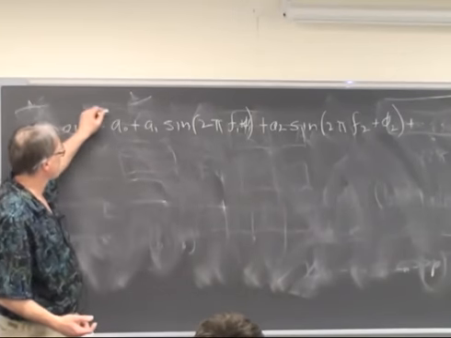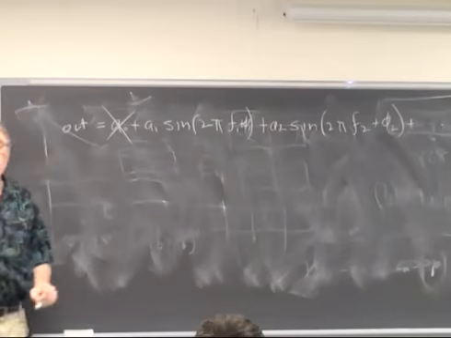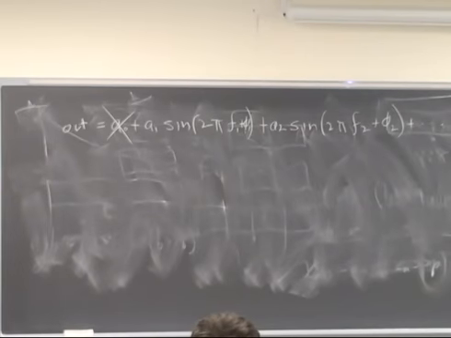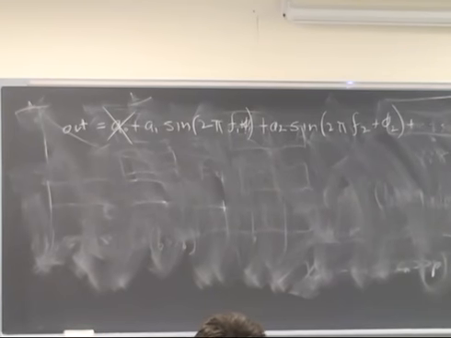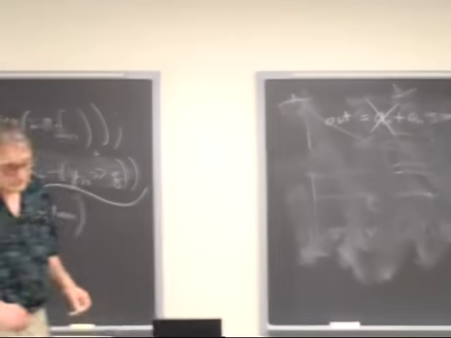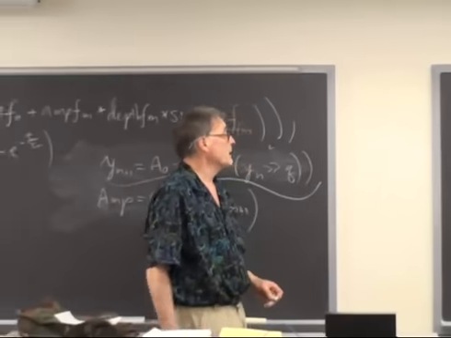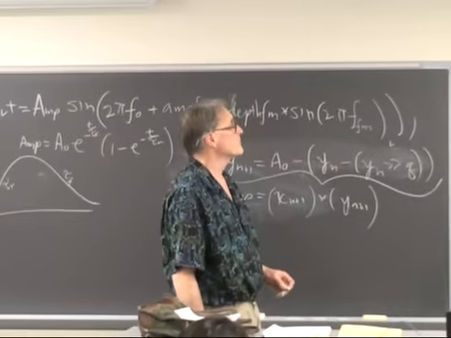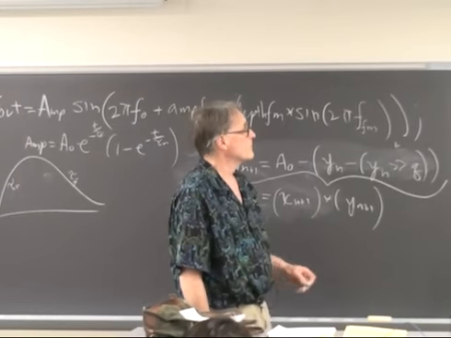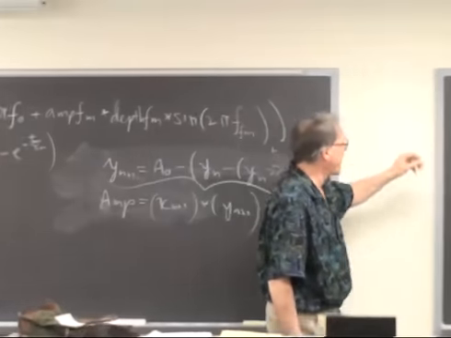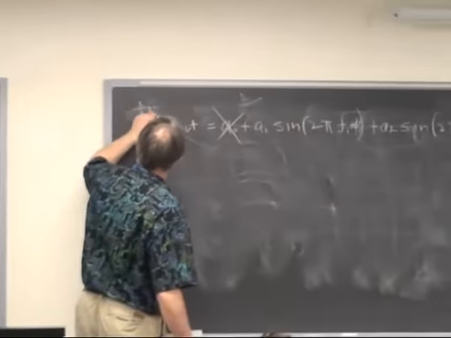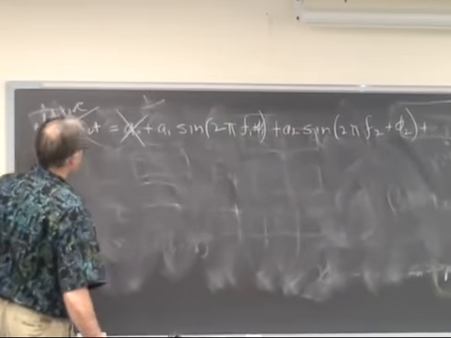And you'll almost always, for audio, have A0 equal to 0 because you can't hear DC. Unless it's really loud, like a blast wave, some overpressure wave. So that's sort of the additive synthesis scheme.